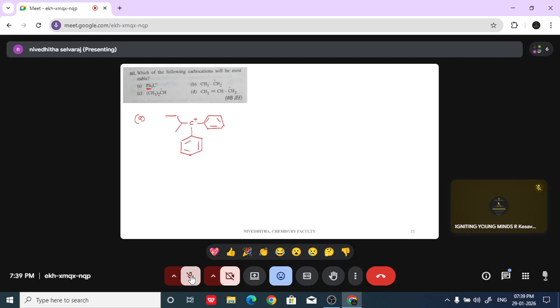Option 2 is CH3 attached with CH2. The third option is a positively charged carbon attached with 1 hydrogen and 2 methyl groups. And the fourth option is CH2 double bond CH, single bond CH2 plus.